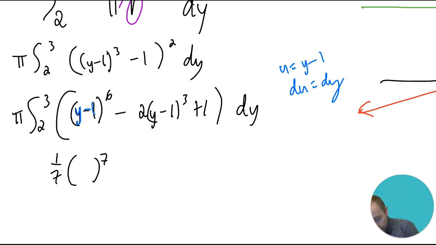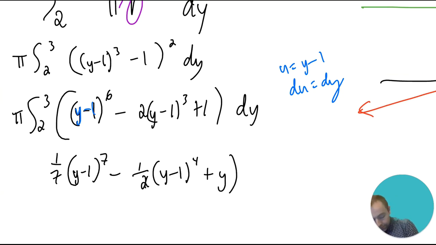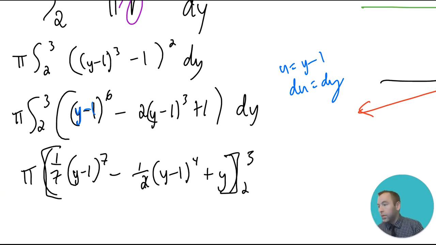But when you put your u back in of y minus 1, then it's just that. So nothing crazy happens. For similar reasoning right here, this is going to be raised to the 4th. And so then you'll put that over 4, which simplifies to 1/2. So you get that, and the antiderivative for 1 is just 1. And then you can evaluate between 2 and 3, and multiply all of that by pi.